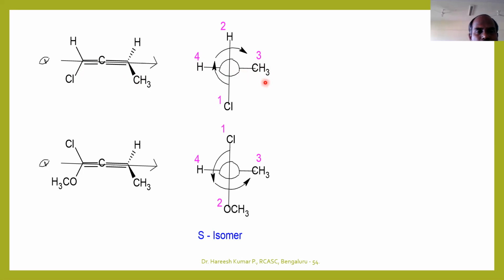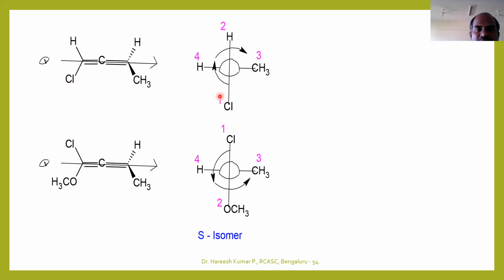Then how can you give the priority here? The rule for giving the priority to the allene kind of moiety is that nearer groups take the priority compared to the far groups. So nearer groups means 1, 2. That means this is the first priority, this is the second priority. Why is this first? Because chlorine has a higher atomic number.